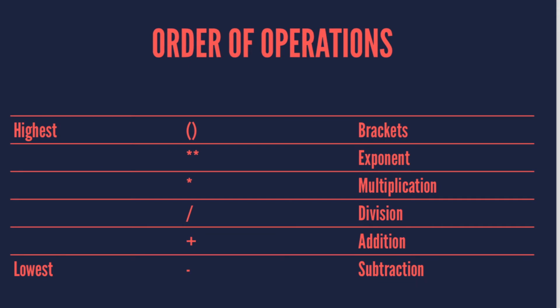This is the way a computer will work out from left to right which numerical operator to execute first. So it'll look at the brackets, then it'll look at exponent, then multiplication and division, and modulus is also at this area, and then addition and subtraction, which is quite similar to what you've learned at school. So instead of BODMAS, it's BEMDAS.